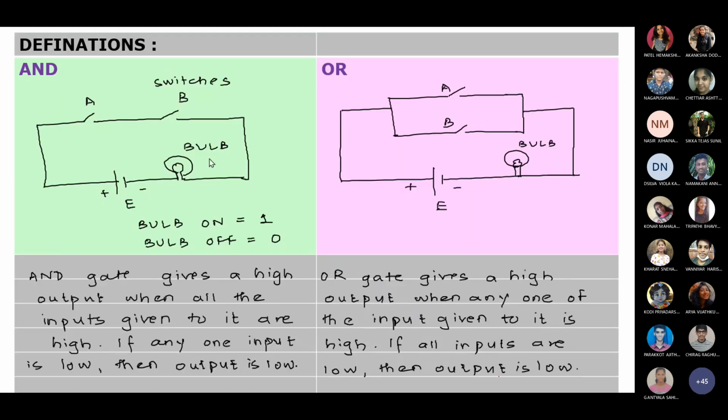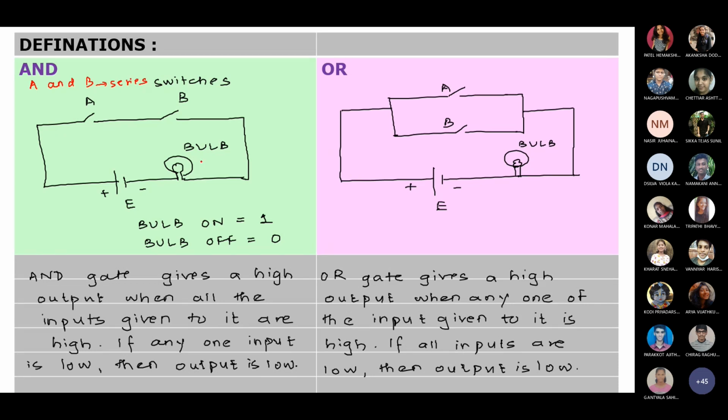Moving quickly ahead. So these are the definitions. This is an electrical diagram shown for you to define AND and OR logic. Let's consider two switches, A and B, just like proper electromagnetic switches we use in any electrical circuits. For the AND gate, these switches A and B are in series.